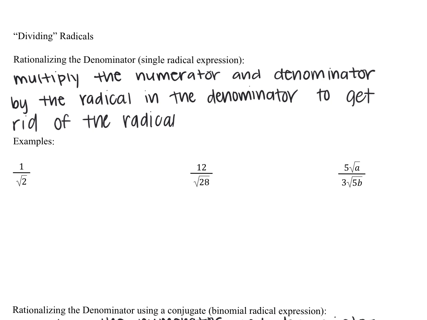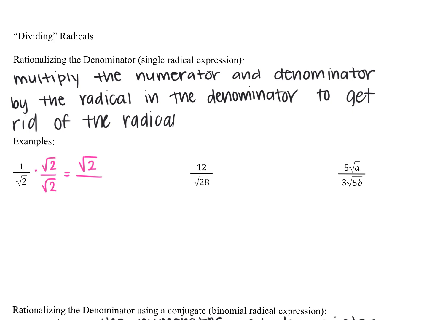But we're going to keep it simple and just deal with square roots. So in our first example, we have 1 over the square root of 2. If I want to get rid of the square root in my denominator, I'm going to multiply my numerator and my denominator by the square root of 2. So 1 times square root 2 is still square root 2.